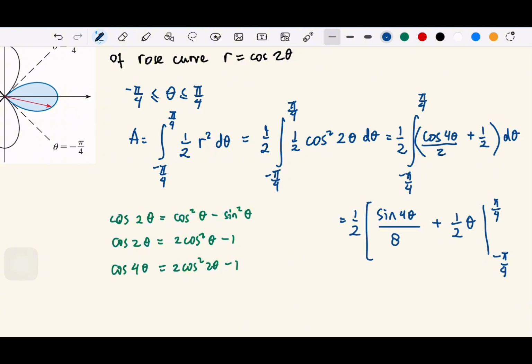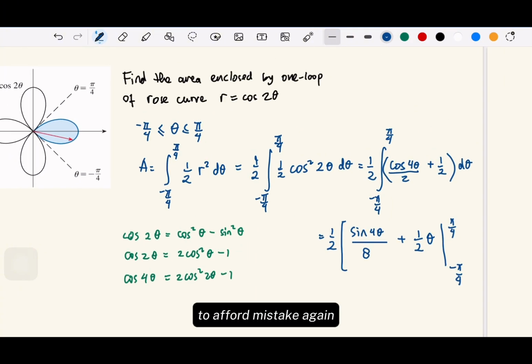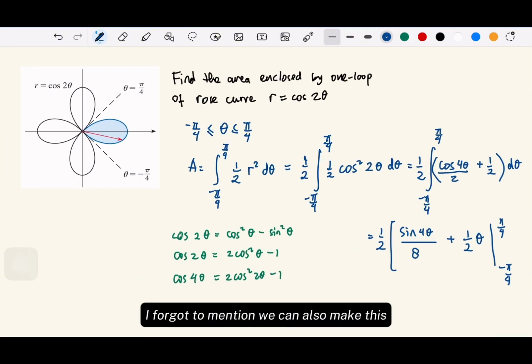And then, to avoid mistakes again, I forgot to mention, we can also make this just half and then multiply by 2. It can be done because of the symmetry.